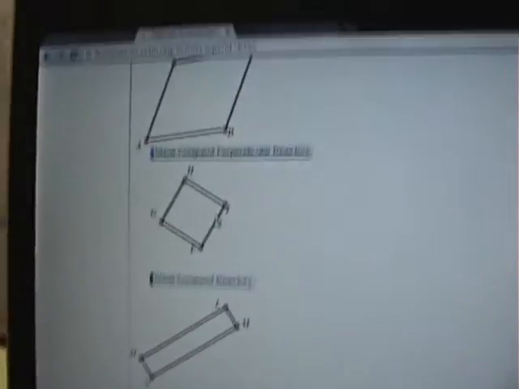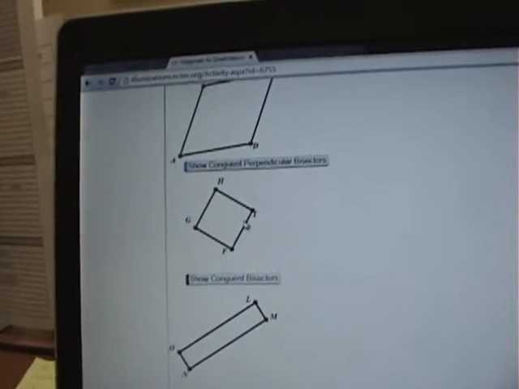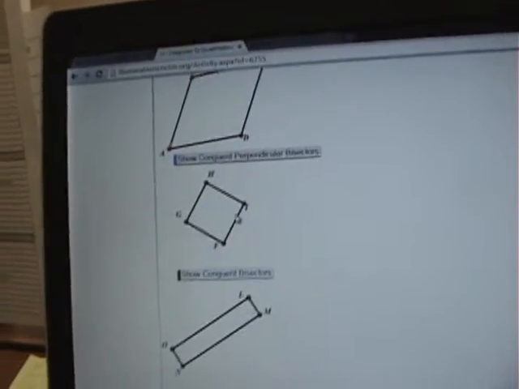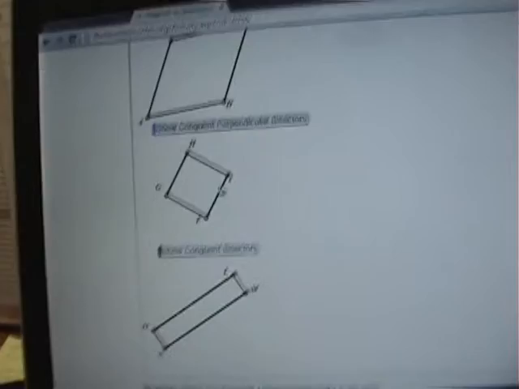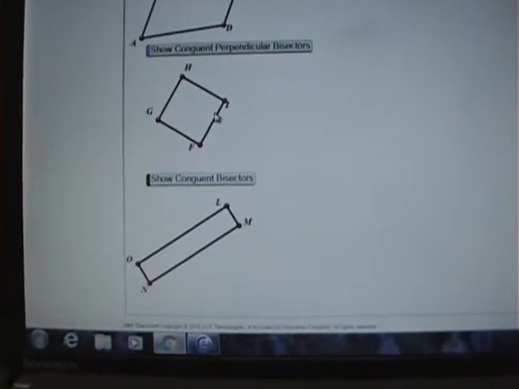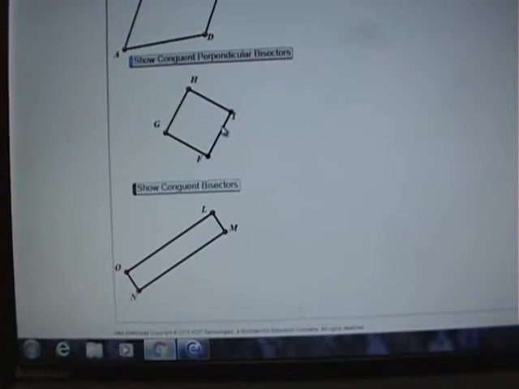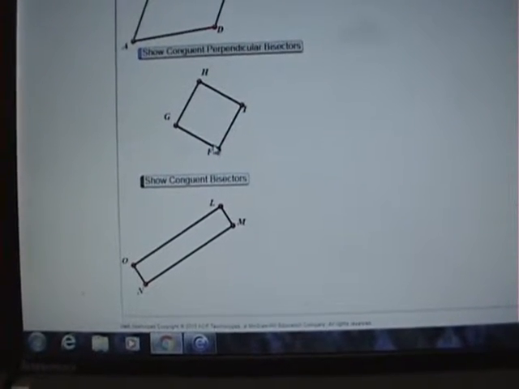So I try to relate possibly what it is that causes the bisectors to be perpendicular or to be congruent or something like that. And we might look at the attributes of each one of these shapes and say the congruency seems to be linked to the quadrilaterals that have 90-degree angles.